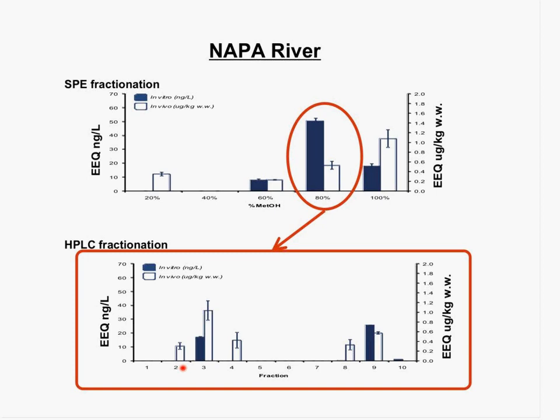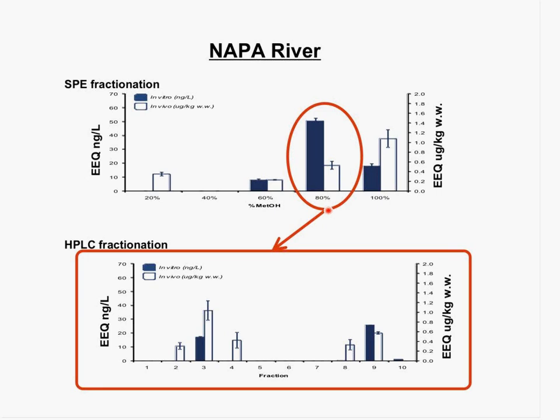What's really interesting about this is that if you mark where steroid hormones come out, they usually come out here, and all the activity was in a fraction where there were no steroid hormones. In fact, if you recall, we measured these samples for steroid hormones and didn't see any. Well, I shouldn't say that.